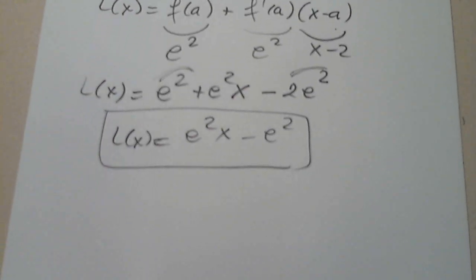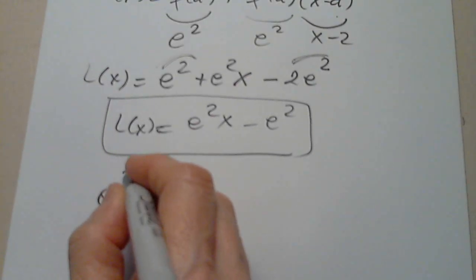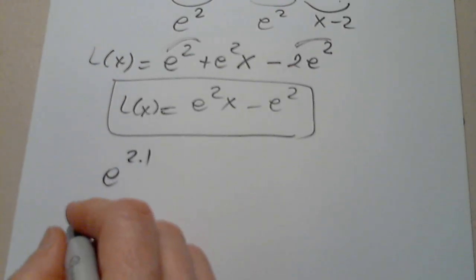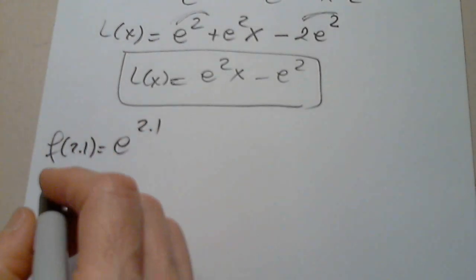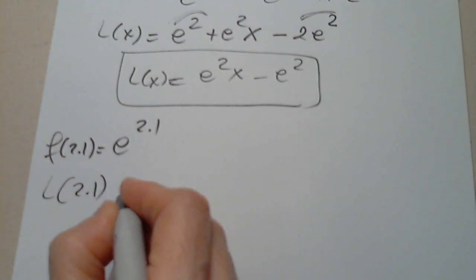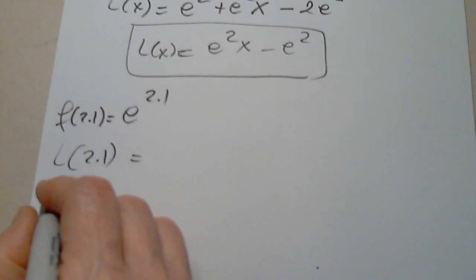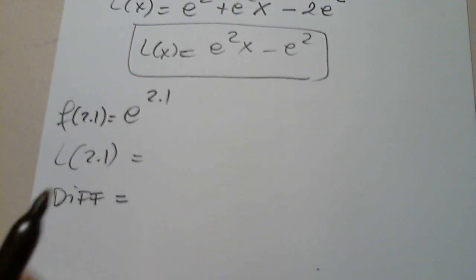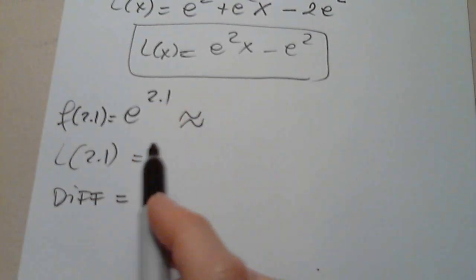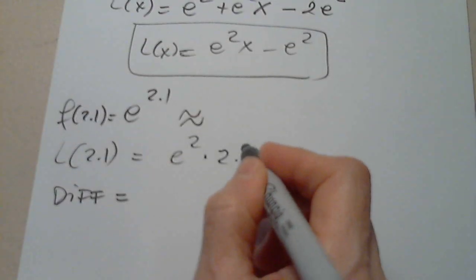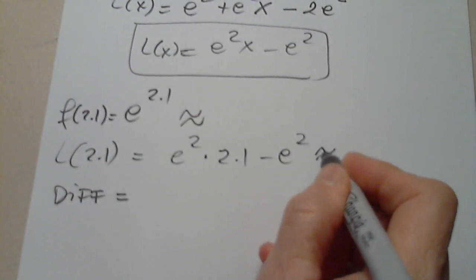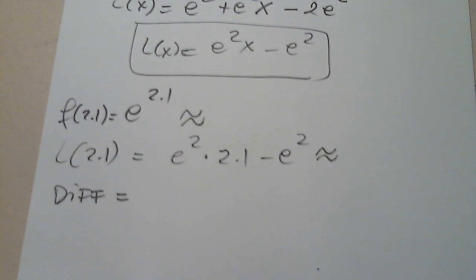And now they're asking us to find e to 2.1, which is f of 2.1, and find the linearization at 2.1 and then find the difference. So I will find an approximation here of e squared times 2.1 minus e squared, and then the difference.